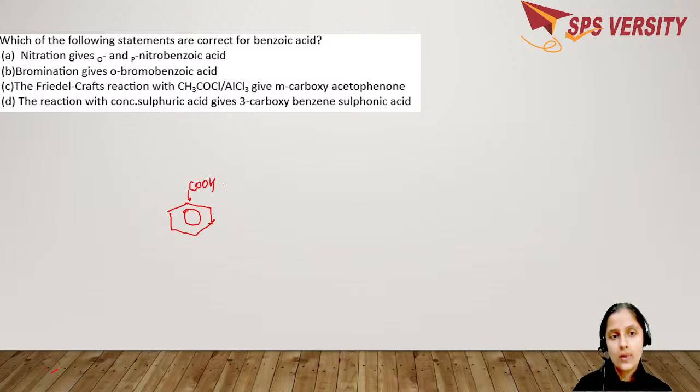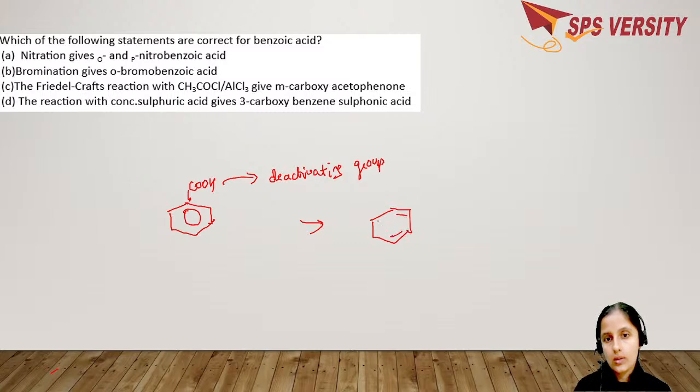This is benzoic acid. In this benzoic acid, the COOH which is attached to the benzene is a deactivating group. So if you write the resonance structure, this is going to pull the electrons, so this shifting takes place, because of which here there is a positive charge and here it is a double bond C=O with minus OH.